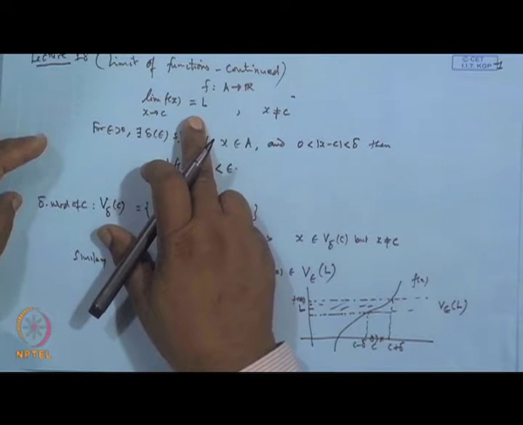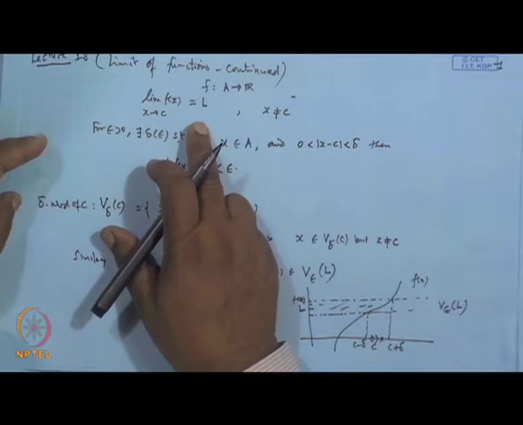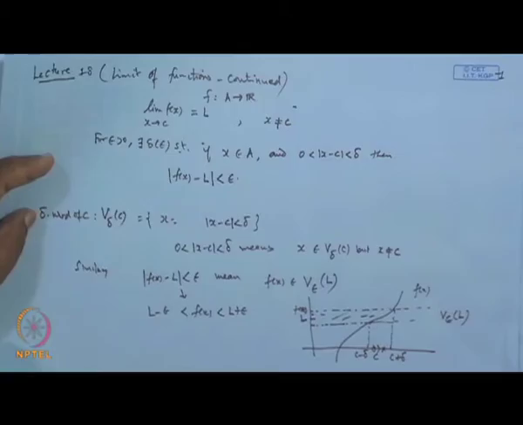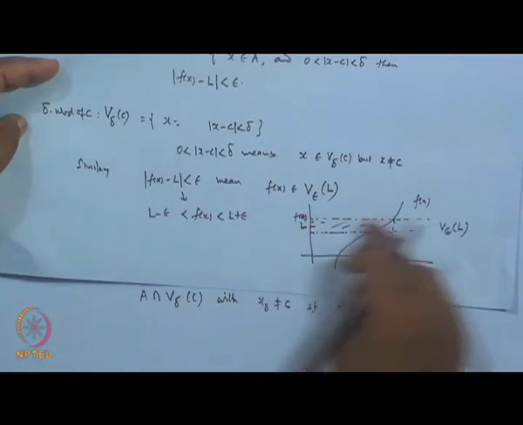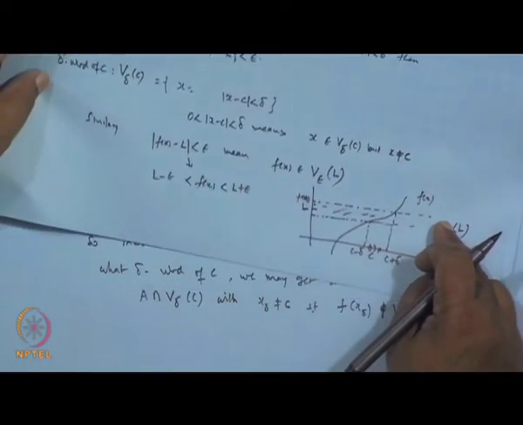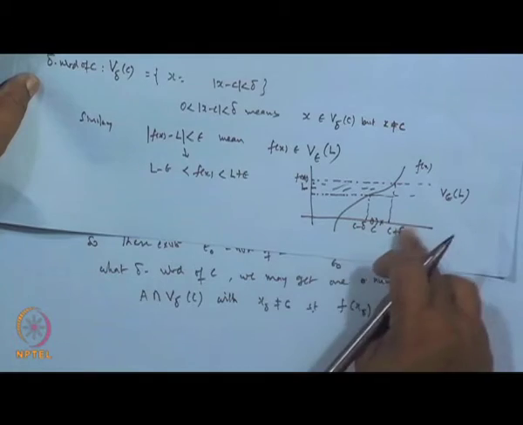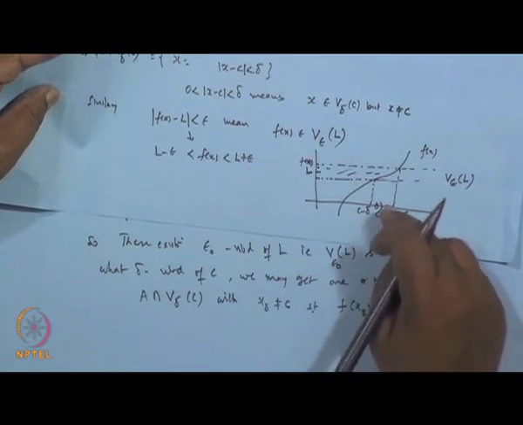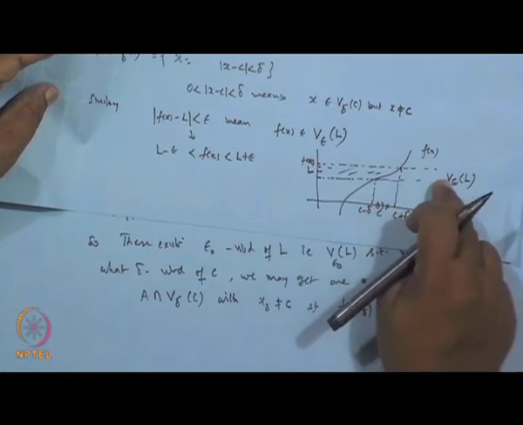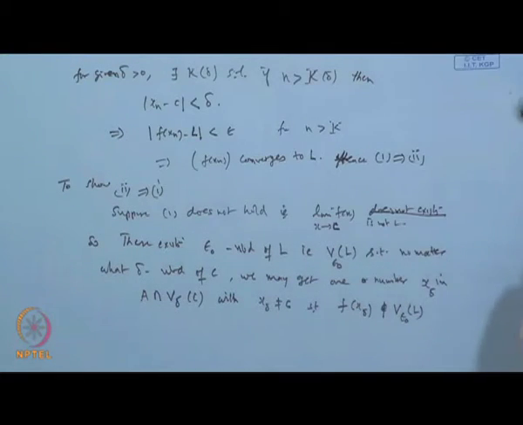Suppose the limit is not equal to L, does not exist or is not L. It means if we pick some epsilon, there will definitely exist some epsilon-naught neighborhood of L such that whatever delta neighborhood we choose, there will definitely be one point whose image will not fall inside it. That is the exact meaning of this.